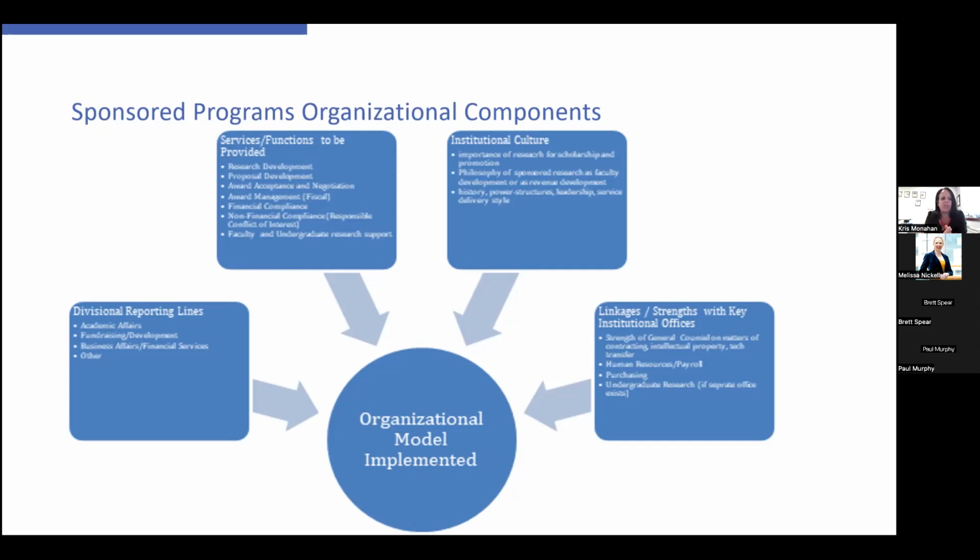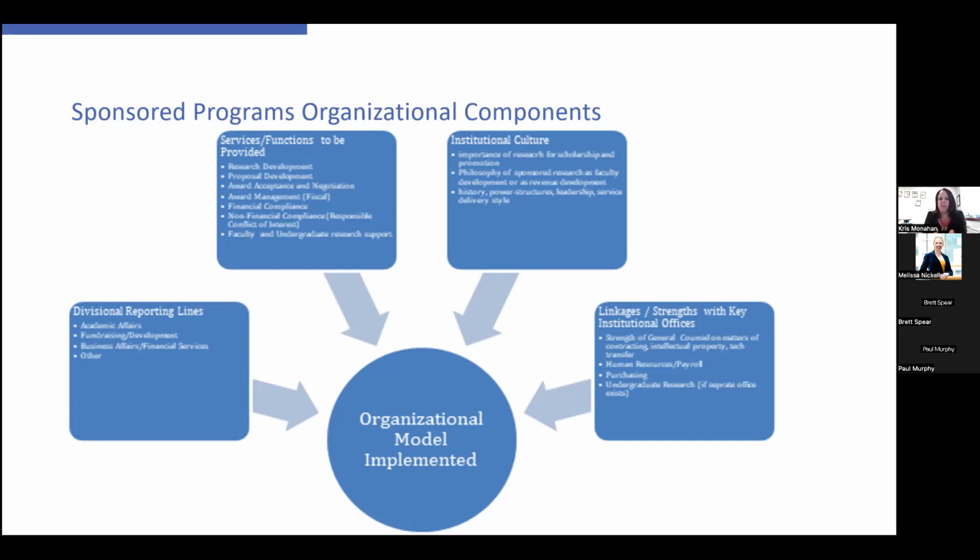That's what my institution was like before I arrived and created the office. And I've run into a few schools where it reports to the president directly because it was a presidential initiative or charge. And I've also seen some schools where risk was a real focus, where they've even had it report to general counsel. I'll talk about the most common models in the next slide, but the divisional reporting lines are key.